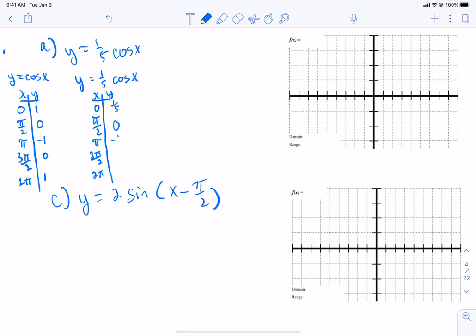Negative 1 times 1/5, 0 times 1/5, and 1 times 1/5. Now on our graph paper, you just have to designate wherever you want 1/5 to be. And then I'm going to label my graph paper. So I'm counting every 2 and then putting a pi over 2.